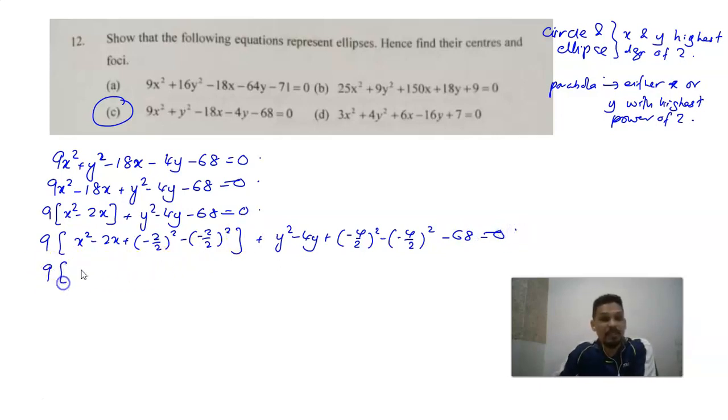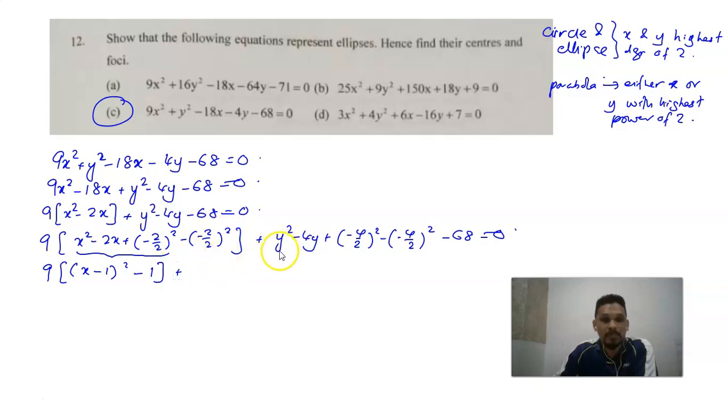With these three terms we simplify to x minus 1 squared, minus negative 2 divided by 2, negative 1, negative 1 squared equal to 1.